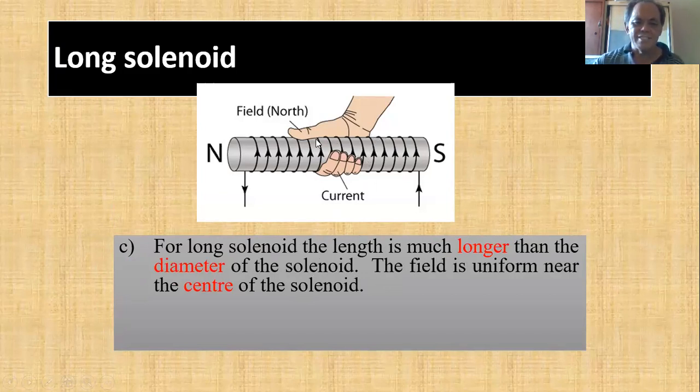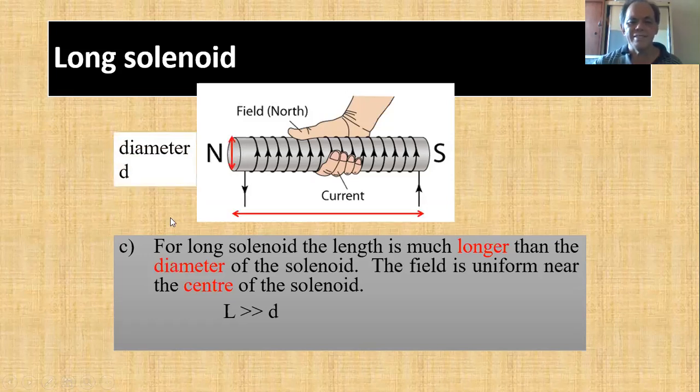The field is uniform at the center, and as it goes outwards, it becomes non-uniform. So long means the length is very much greater than the diameter of the coil. It is a comparison only, that's what we mean by long.